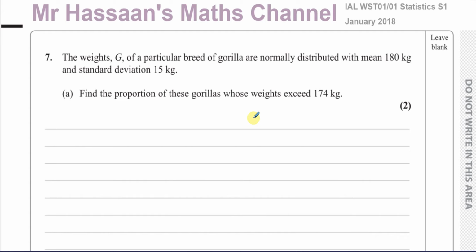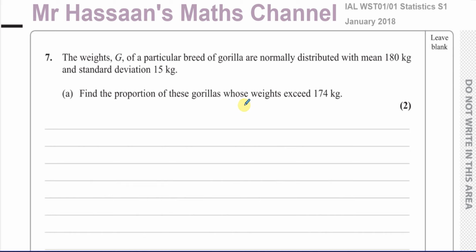We've made a frequency table, collected their weights into groups, and from the frequency table, we've worked out the mean and the standard deviation of the weights of those gorillas.